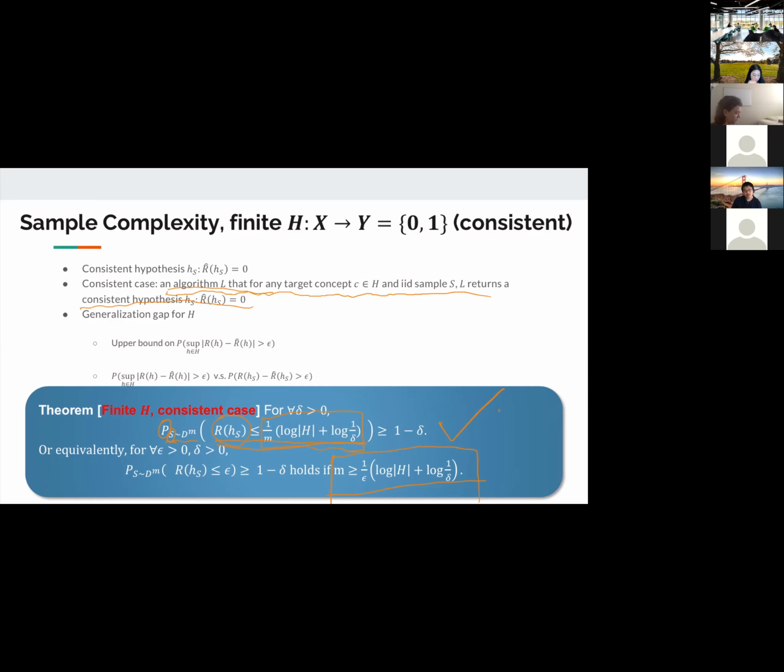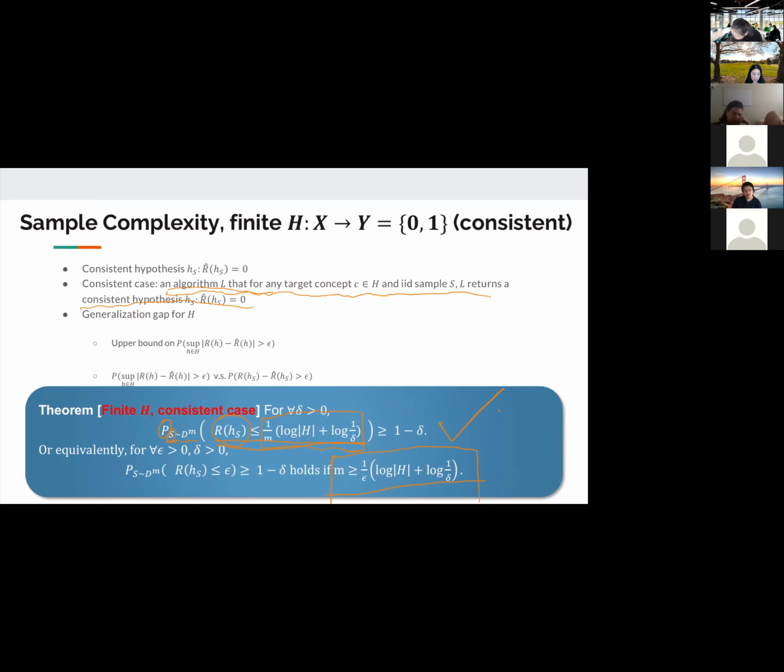So what I wanted to say here is this is a very powerful result. This gives you the sample complexity of an algorithm as long as this hypothesis set is finite. So what does this tell you?